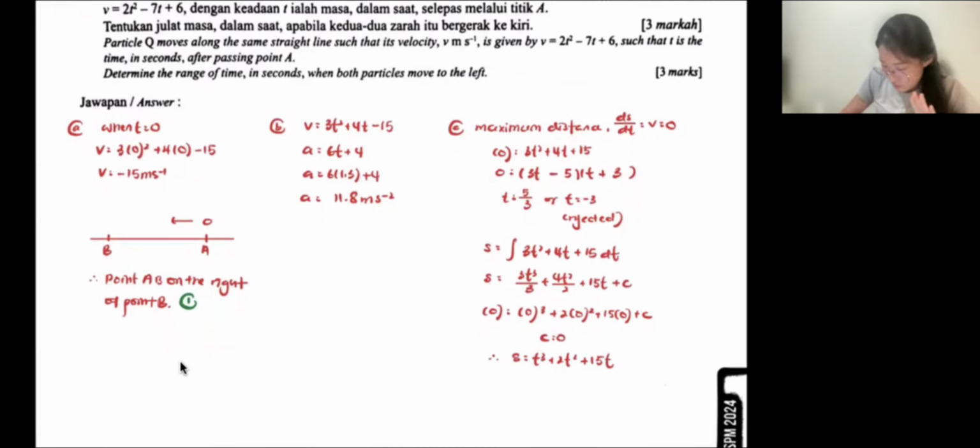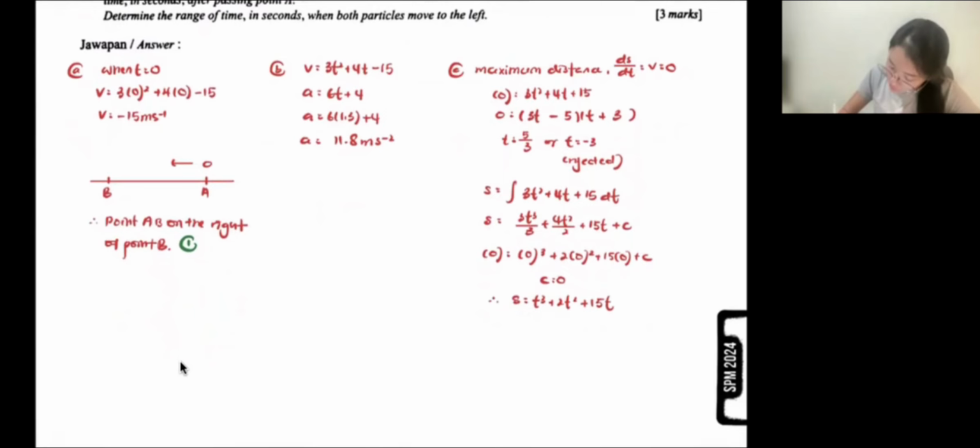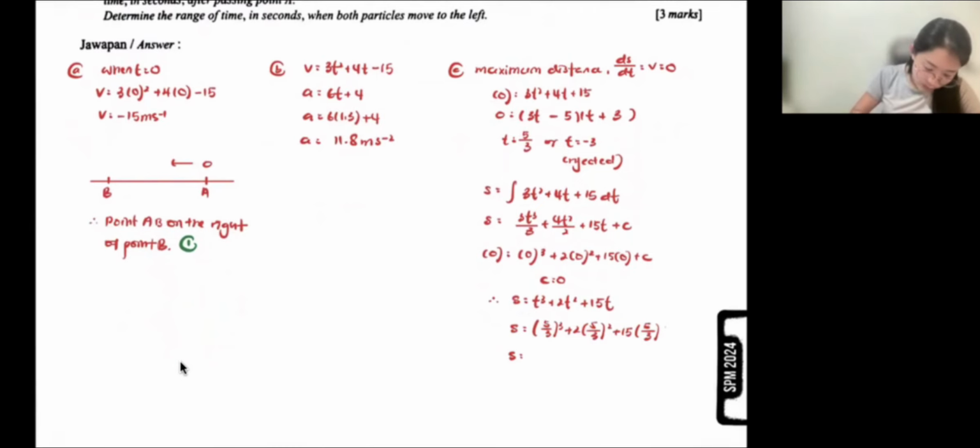Done. Then you're going to substitute the time 5 over 3, 5 over 3 here. See what you get. If your number is lesser than 15, then it didn't pass. So 5 over 3 power 3 plus 2 times 5 over 3 squared plus 15 times 5 over 3.